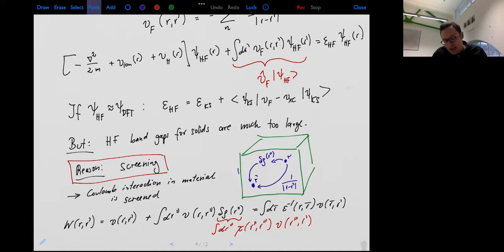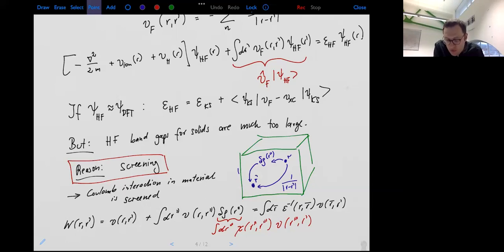And that means that when I have a material that contains many electrons, the effective interaction between two electrons contains two parts: the direct Coulomb repulsion, but then there is another part that arises from the fact that the presence of the first electron induces a rearrangement of all the other electrons in the material, which gives rise to a polarization charge density, and that polarization charge density then interacts with the second electron at r prime.